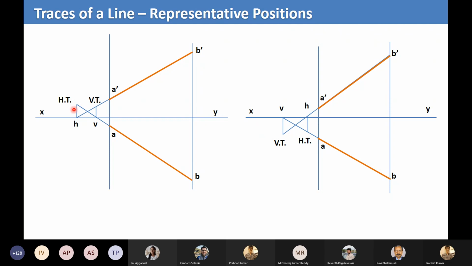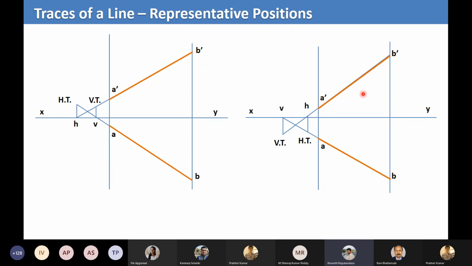So did all the steps connect to everyone? There is another example on the right side. I'll explain this also, and then we have a small example problem which you can try. On the right side also there is a front view. A dash B dash is the front view.